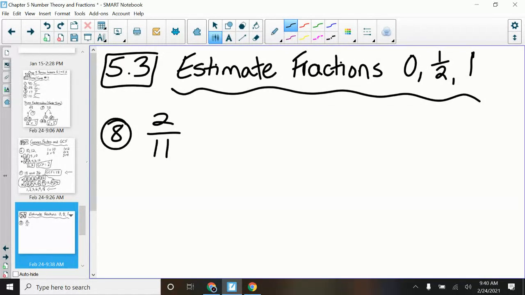If the number on top, which is the numerator, is about half of the number below it, then it would be closest to what? 1/2. If the number on the top, which is the numerator, is just about the same as the number below it, then it would be closest to 1. So now that we know all that information, Connor, is 2/11 closest to a 0, a 1/2, or a whole? 0. It's closer to 0. Good, Connor.